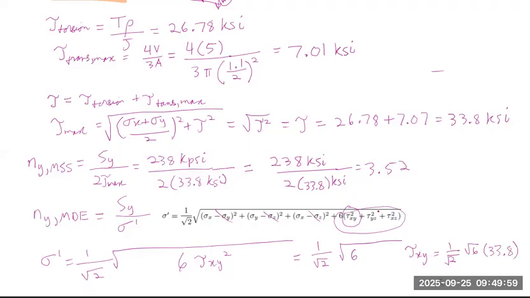So we get that sigma prime is equal to 58.54 KSI.